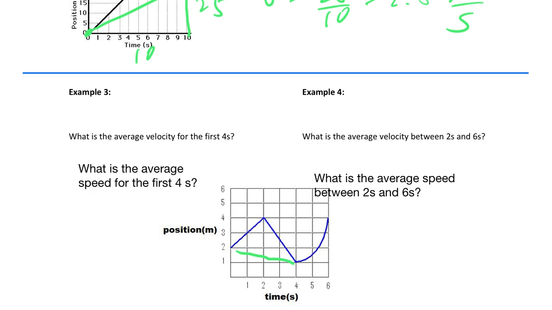Do the same thing here. 1, 2, 3, 4. Draw a line from here to there. Find the rise over the run. So that's 1 over 4. But it's negative because it's downward.